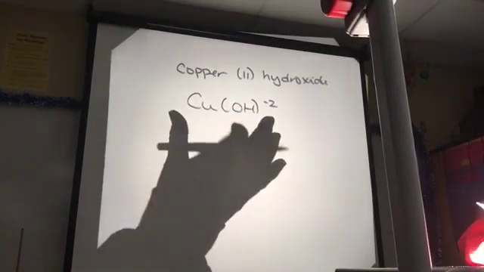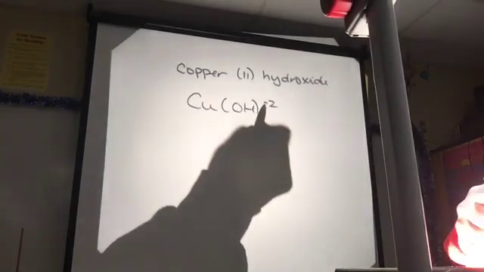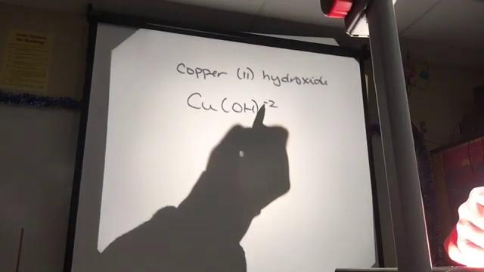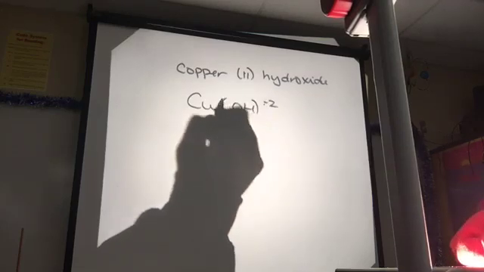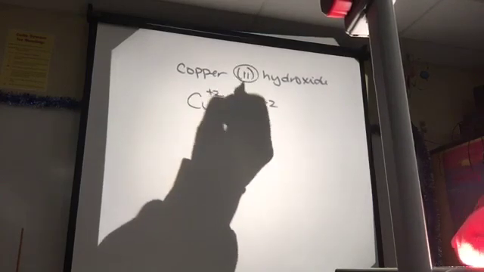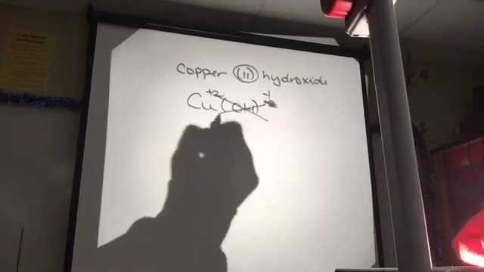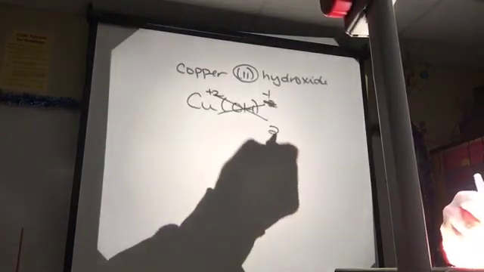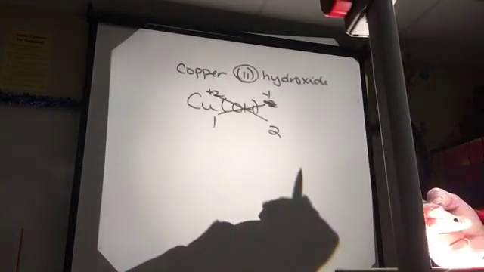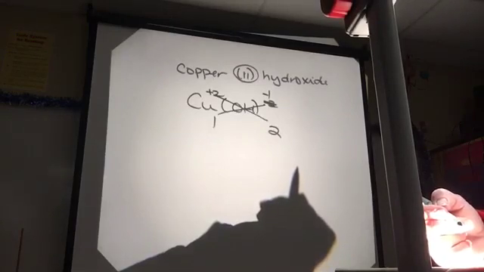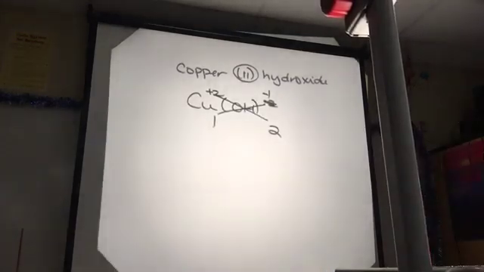I don't know why they just brought this 2 over here as a superscript, as a charge. I don't understand it. But if you're thinking that way, make sure you know that means it's a +2 and this is a -1. And they have to come down. That 2 has to go down there and that 1 has to go down there. You have to crisscross them. Does that make sense? Okay? I was just trying to clear up some misconceptions I saw first block.